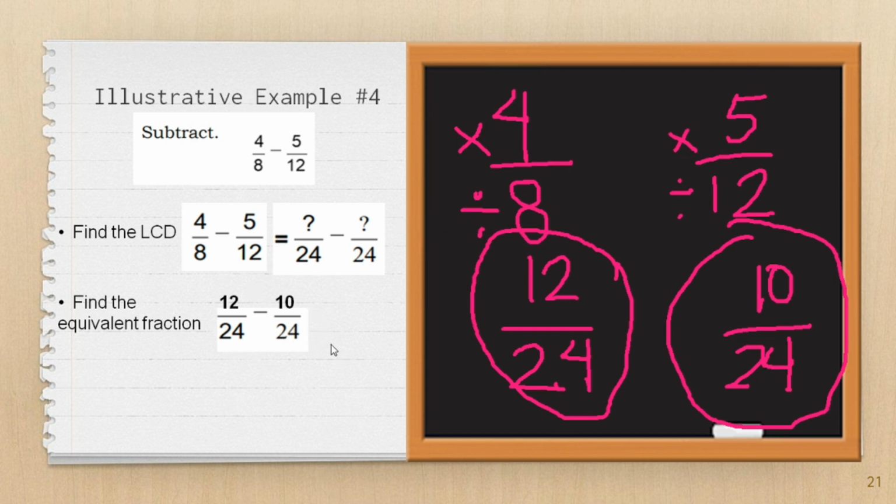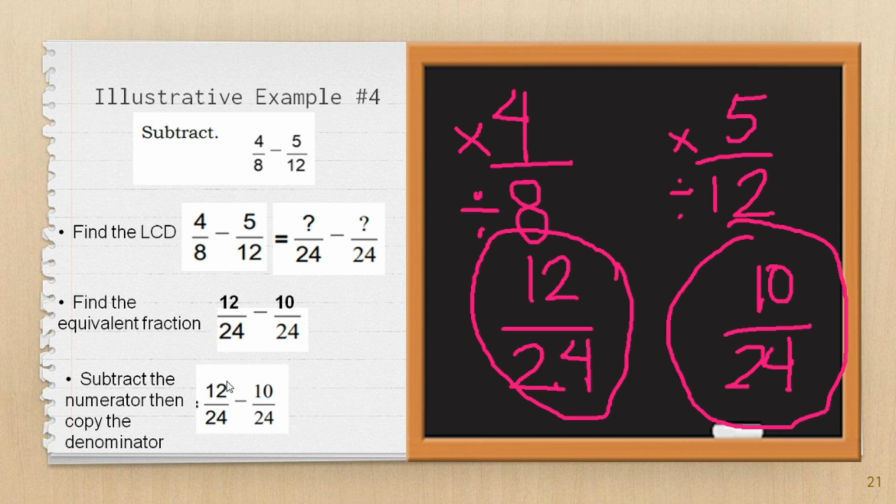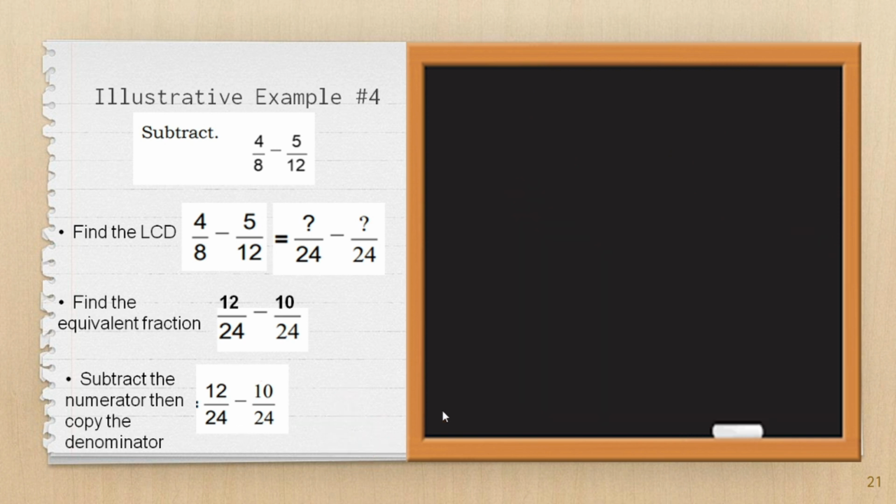Ang gagawin naman natin is to subtract the numerator and then copy the denominator since similar fraction na sila. So, we have 12 minus 10 is equal to 2 over 24. So, we have 2 over 24. Kaya lang, itong 2 over 24 na yan na sagot is still pwede nating i-reduce to lowest term.